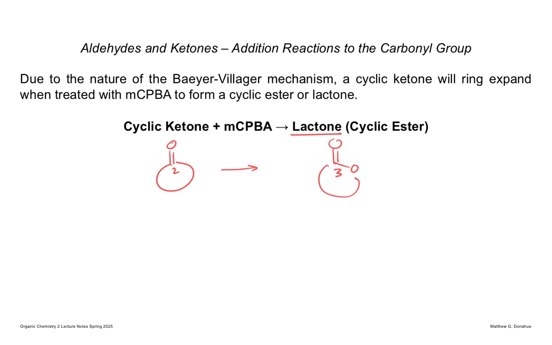So the key word here is expand. You have a ring. So that's some n number of atoms. And then you have a ring, and then this is n plus 1, because now that oxygen is in that ring.